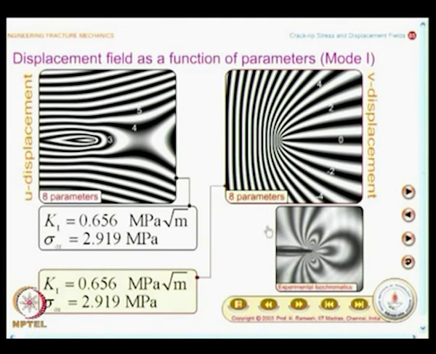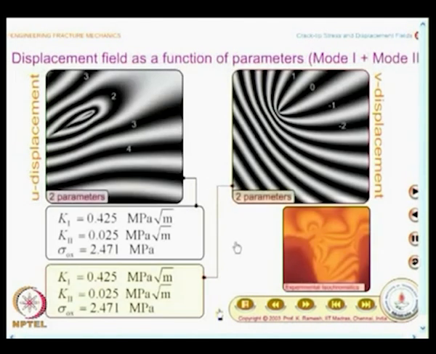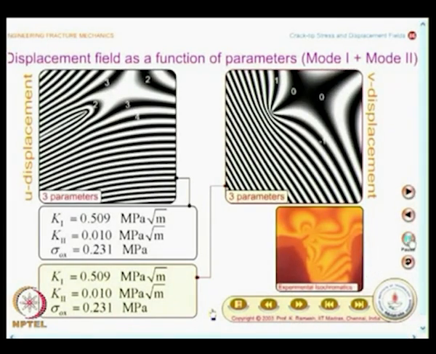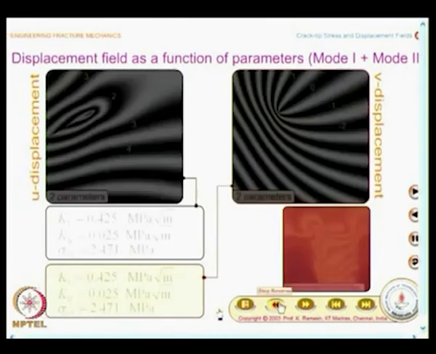On similar lines, we would also see the fringe pattern for a combination of mode 1 and mode 2. Here again the process is the same. From the photoelastic fringe pattern, the coefficients forming the series were obtained. Using that, the displacement fields are reconstructed.